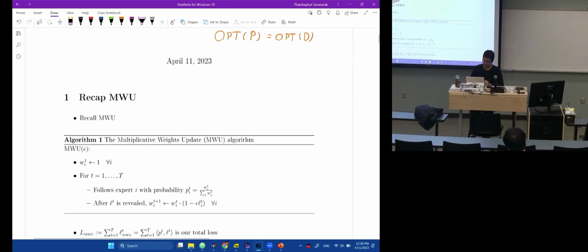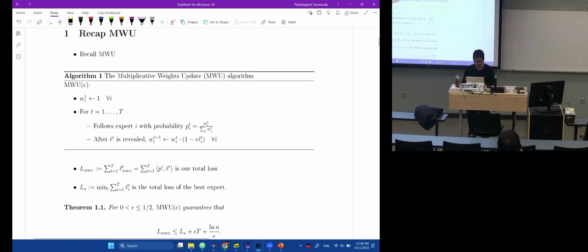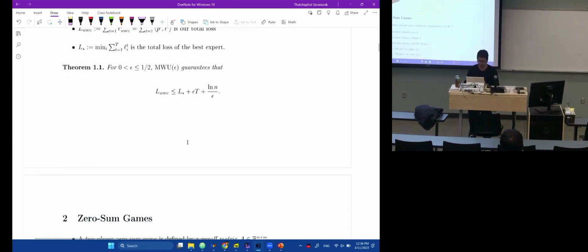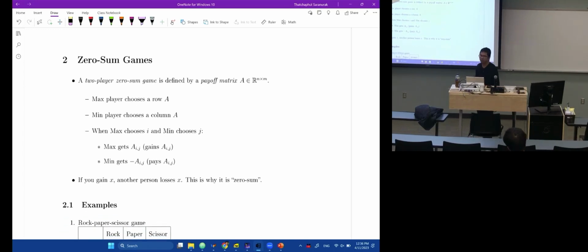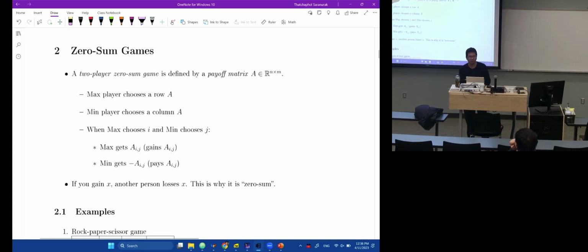Okay, so I will not recall this. So what we're gonna do is we're gonna go through games, game theory. Okay. So one of the most simple concepts in game theory is the zero-sum game, two-player zero-sum game.